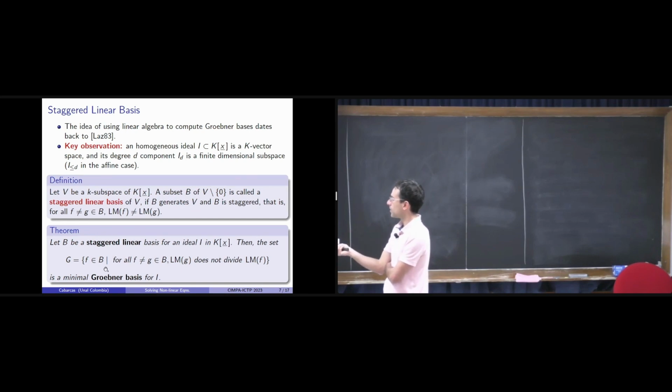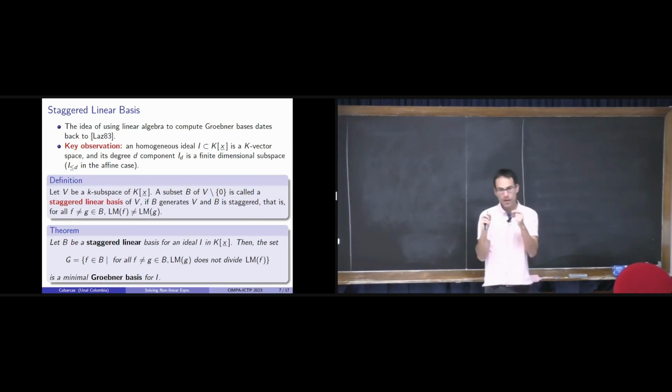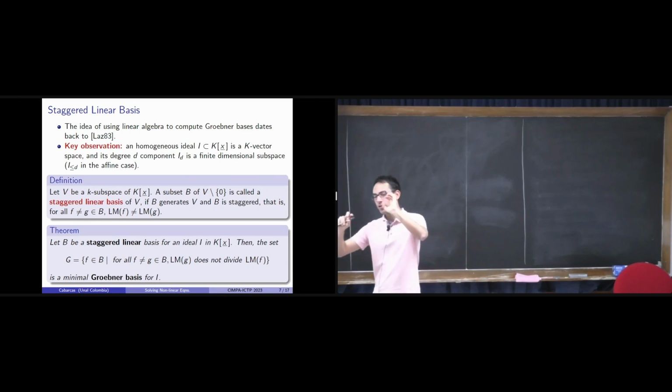How? Well, let's pick elements in B so that for every pair of polynomials f and g, the leading monomial of g does not divide the leading monomial of f. So not only do we want them to be different, but we want to make sure that one doesn't divide the other.